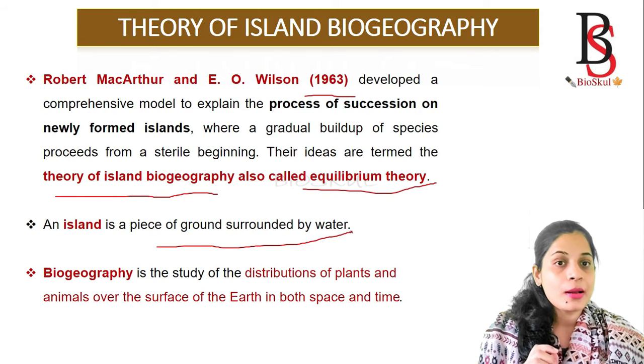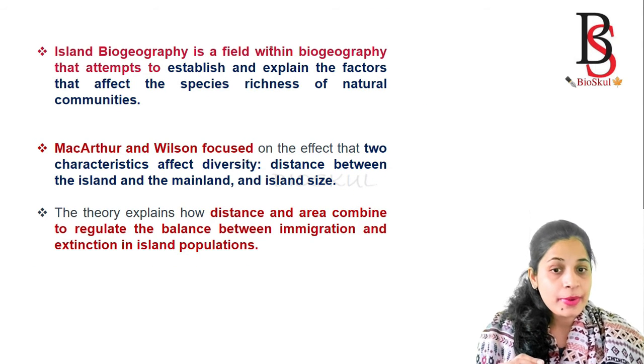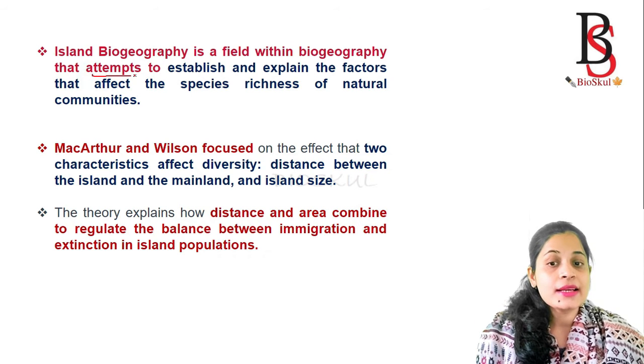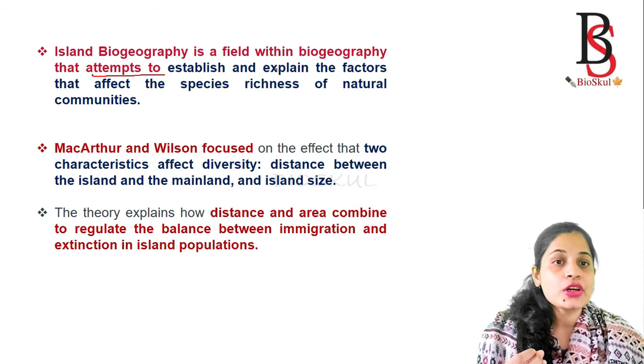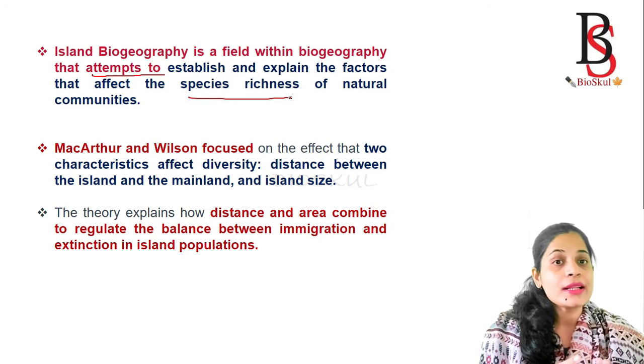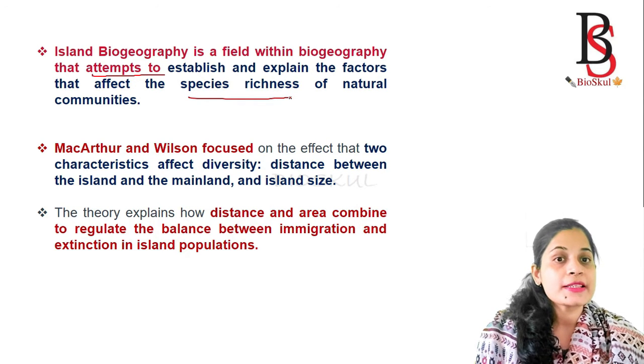So island biogeography is a field within biogeography, and it attempts to establish and explain the factors that affect the species richness. So what is species richness? Species richness is the number of species present.